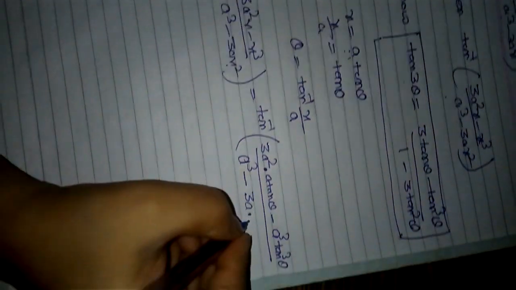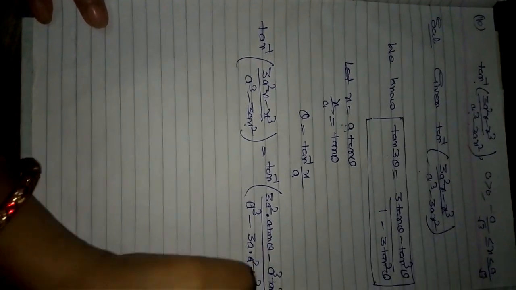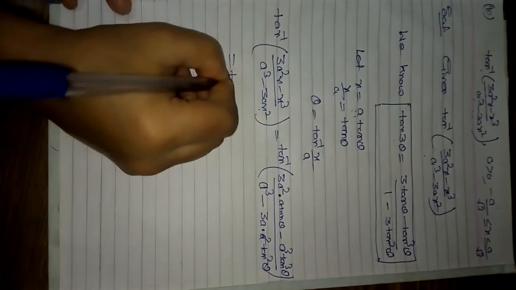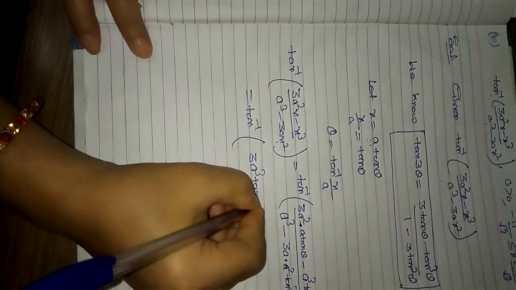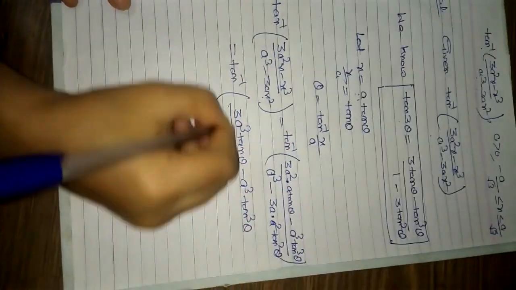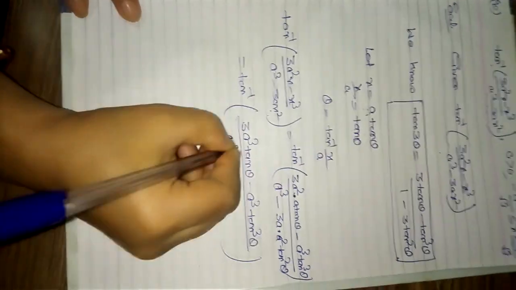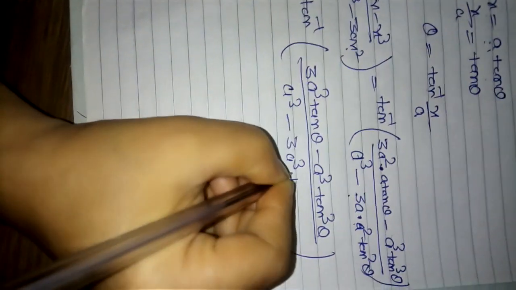In the place of x we will put a tan theta, so x square will convert into a square tan square theta, close the bracket. Then tan inverse of (3a square into a tan theta minus a cube tan cube theta) in the numerator, over (a cube minus 3a into a square tan square theta).